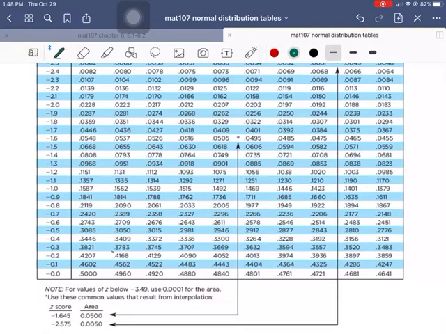I need 0.32. There's 0.3192, 3264, and 3228, so right here would be 0.3260 is what I'm looking for.